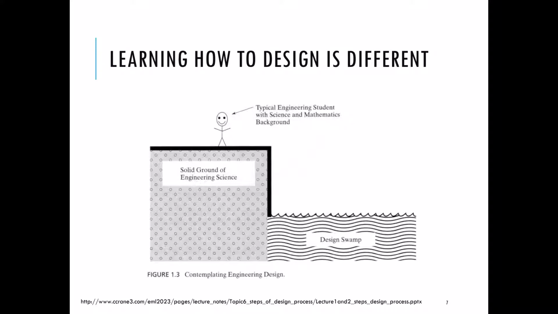So here's the design swamp. As a student, you're going to go from this solid ground of engineering science, and you're going to make a voyage into the design swamp, and you're going to hope that the skills that you've learned in those classes are going to be what you need to actually do well.